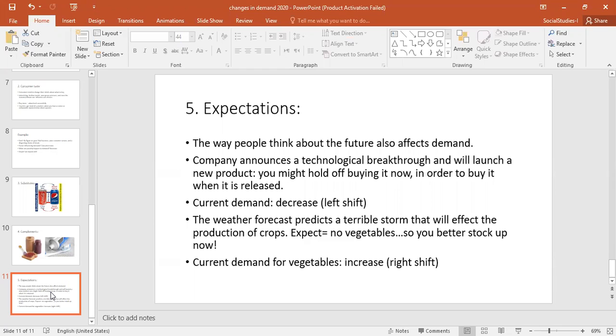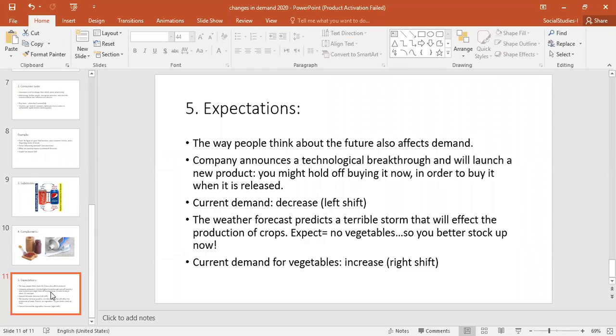You're going to hold off buying this laptop now, which will cause your demand for Dell to decrease until it's released. Then you'll buy it, and your demand will increase later. You see that? Your current demand decreases because you're holding off purchasing whatever it is until it comes out.